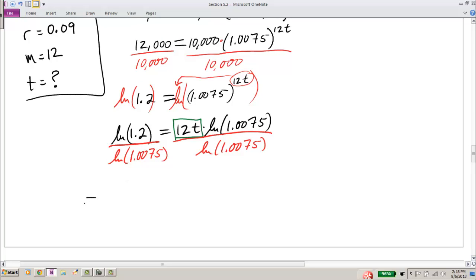And so this will give us 12t is equal to this fraction, which we can compute on our calculators.